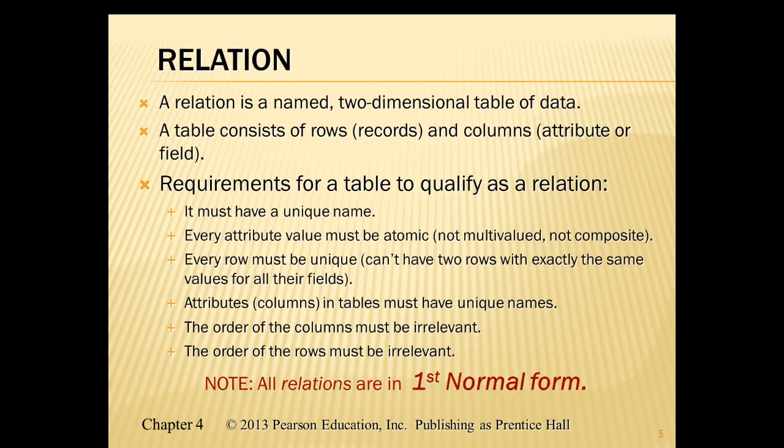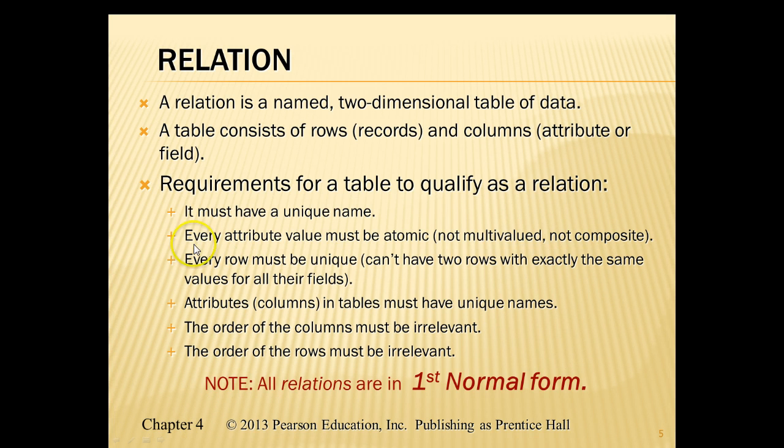So a relation or a table is a two-dimensional table of data. It can be considered a flat file. There are a lot of people that equate that to a spreadsheet of sorts, where you have a list of rows and columns, and these are the requirements for that table or a relation.